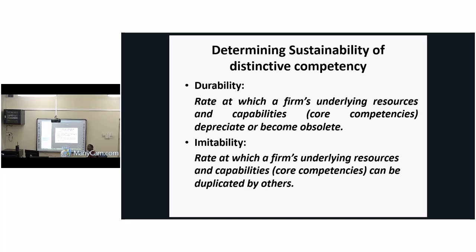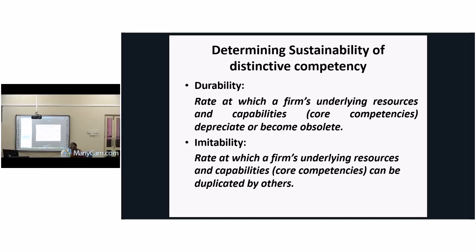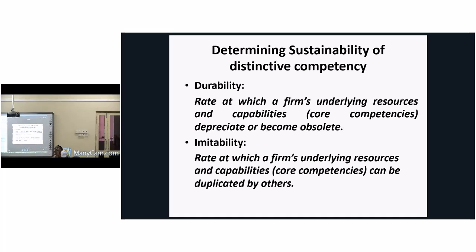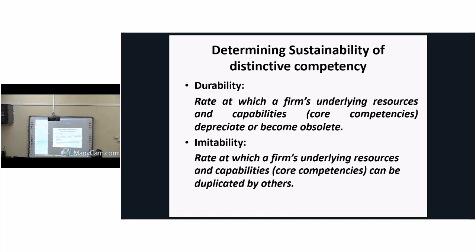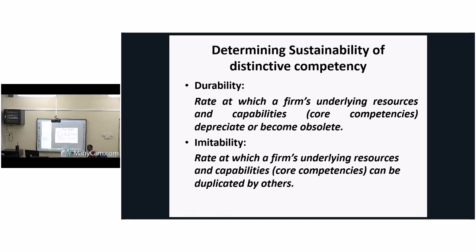So if someone can imitate your competency, if someone can duplicate your resources, that resource is not sustainable. Even though that particular resource is physically with you, if it is copied by someone else, it has no sustainability.